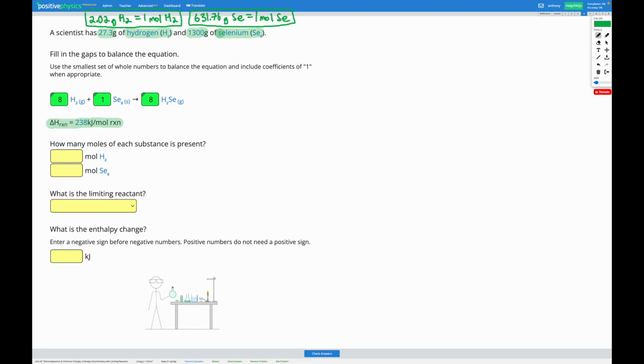So first, let's convert our grams of hydrogen into moles of hydrogen. We're told in the question we have 27.3 grams of H2. Let's set up our dimensional analysis table. We know that 2.02 grams of H2 is in 1 mole of H2.